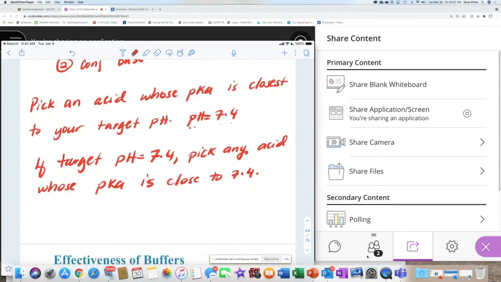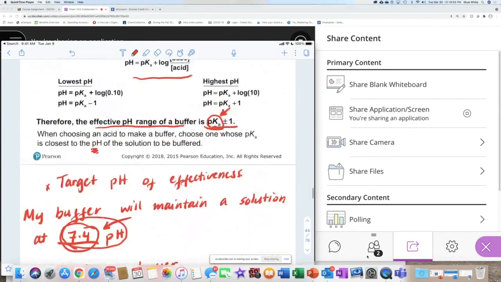So if 7.4 is the pH you want, then your pKa can be plus or minus 1, either above or below that pH. Okay, so say for example, because that's kind of what they're saying right here, the pH has to be close to the pKa, plus or minus.